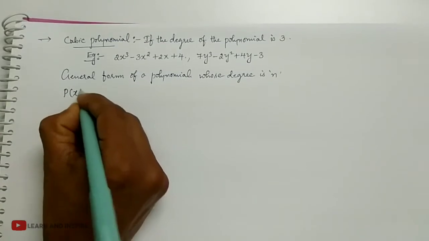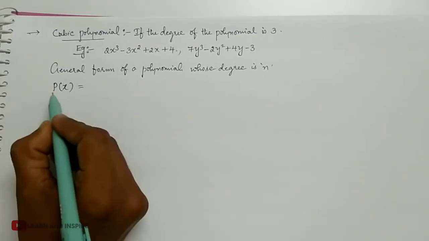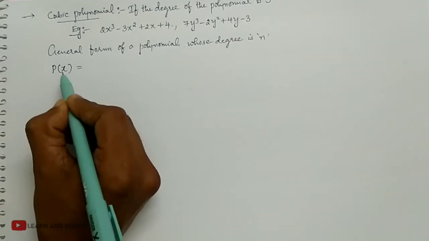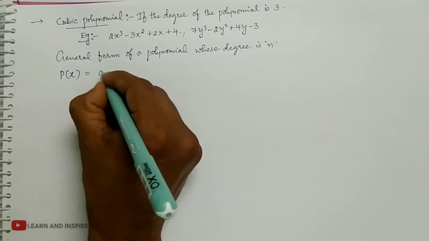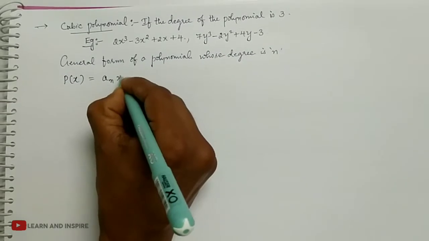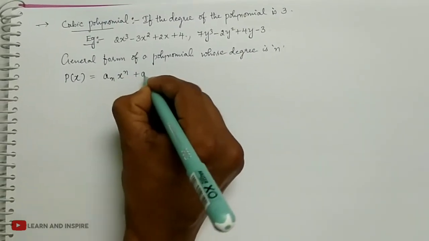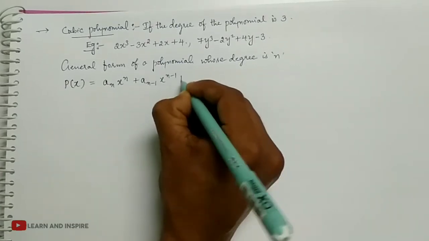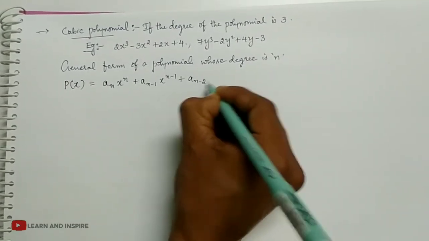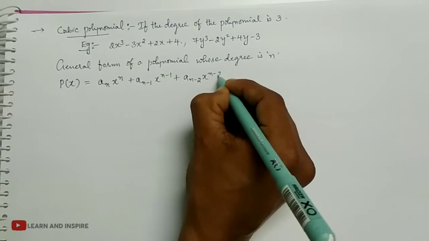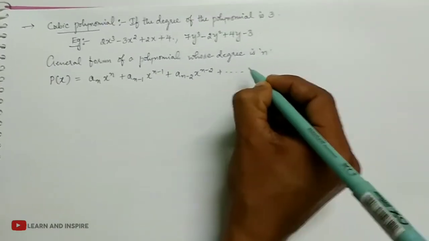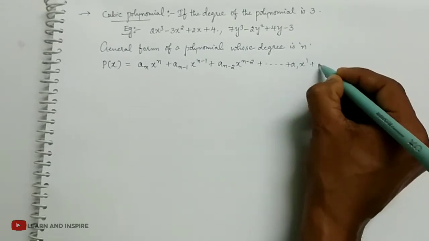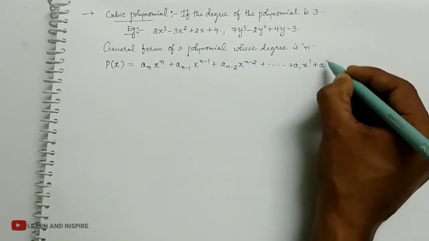p of x is represented as a polynomial in variable x. So I write the general form: an x power n plus an minus 1 x power n minus 1 plus an minus 2 x power n minus 2 plus so on, plus a1 x power 1 plus a0 x power 0.